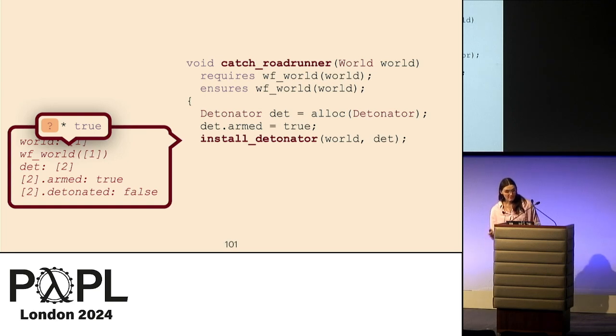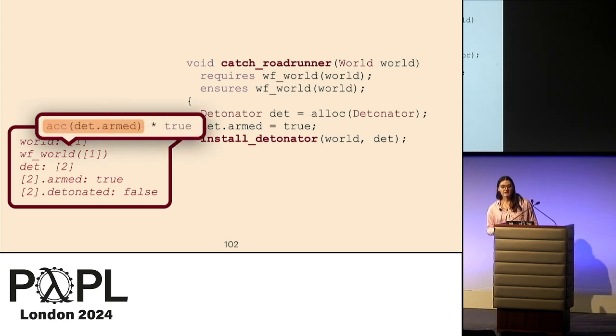But remember, the predicate body includes a question mark, and this could represent any formula or any permission. Therefore, a naive gradual verifier would optimistically pass all the permissions that it has at runtime, because we don't know what permissions this method is going to need. So it would pass all the permissions that the caller, catch roadrunner, has whenever calling this method.